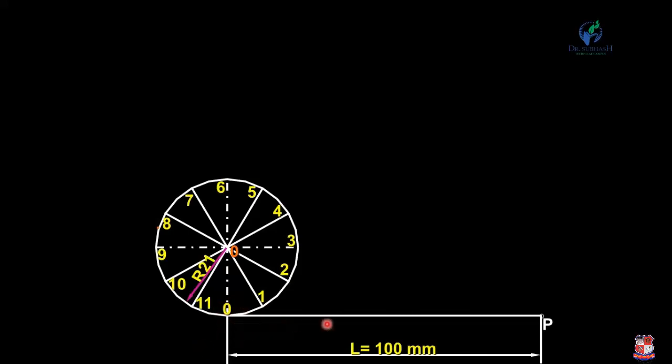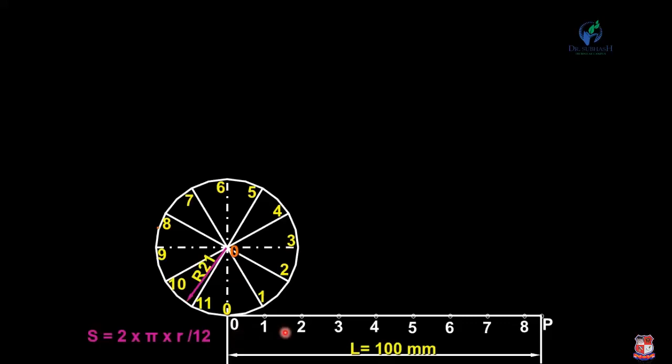Here we have to divide this line into parts, where one part is equal to S. S is the length of one part and is given by 2 pi r by 12. So now divide this line into different parts, and one part is equal to S.